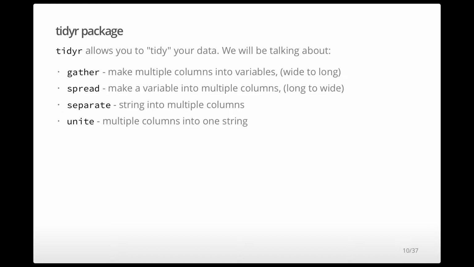So instead of using string split like we did yesterday, if you have things in a specified format, like id.1 for visit 1, id.2 for visit 2, for example, and you wanted to separate those out to be a column of IDs and then a column of visit 1, 2, 3, 4, separate is what you'd use. If you had two columns, ID and visit, you can join them together with unite.